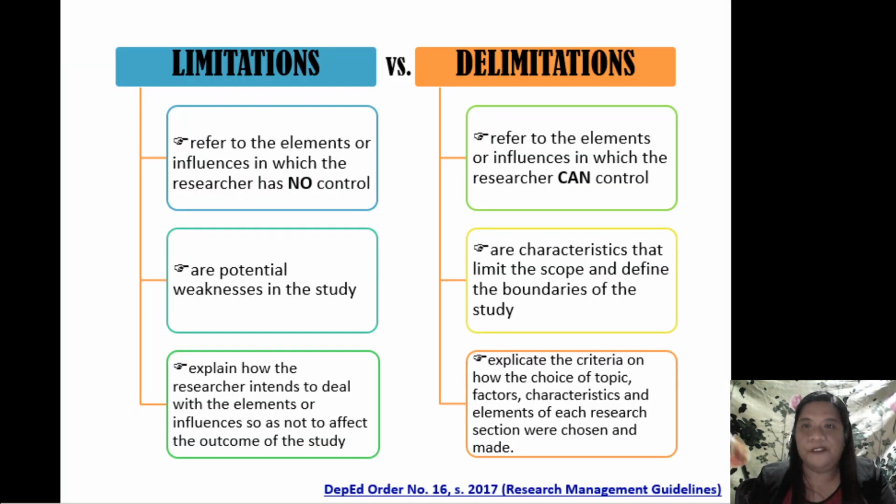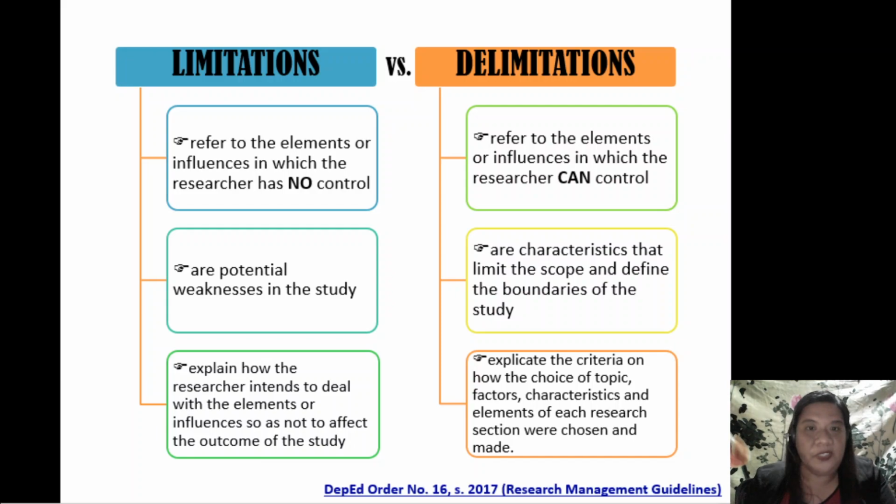Now let us have the difference between limitations and delimitations. How do we differentiate the two? Limitations refer to the elements or influences in which the researcher has, in big letters, no control. I've already mentioned this a while ago, the moment I defined what limitation is.